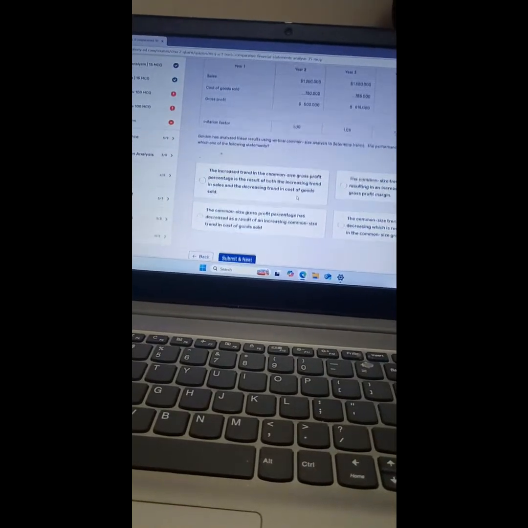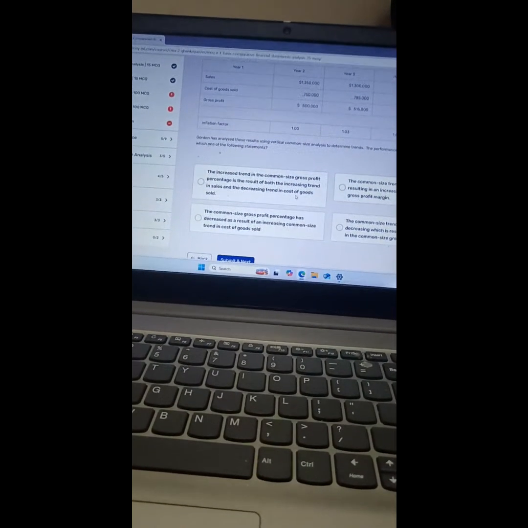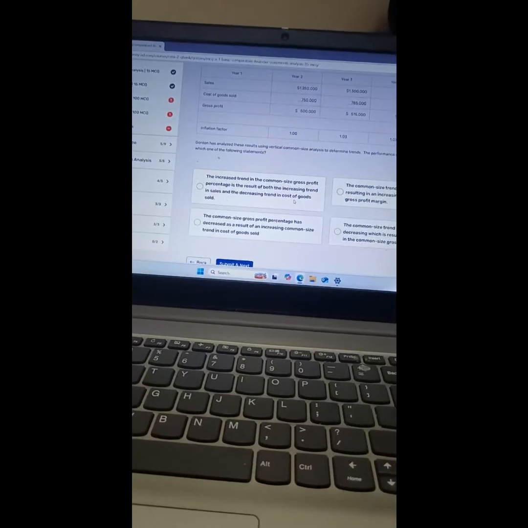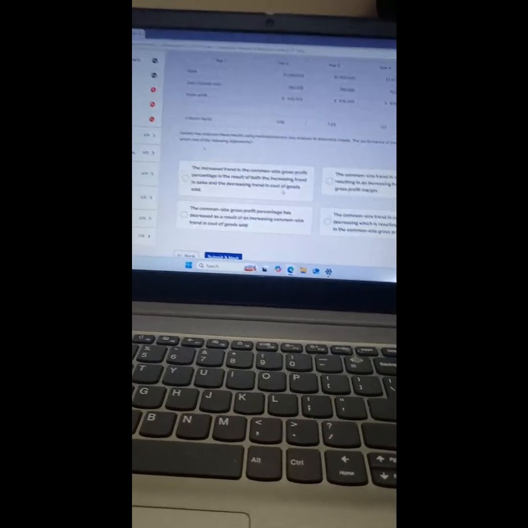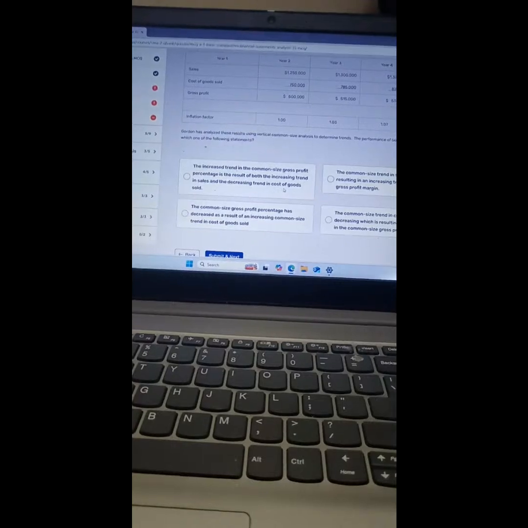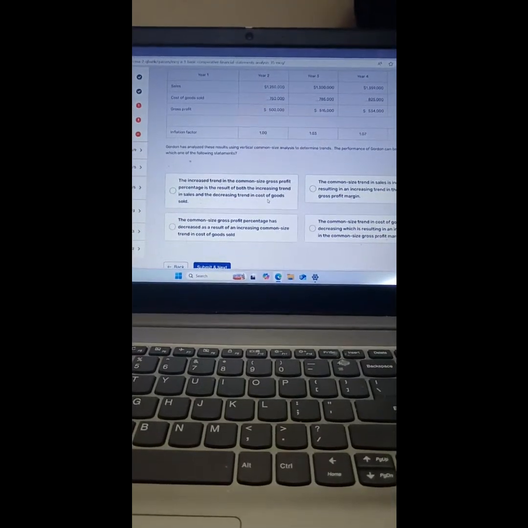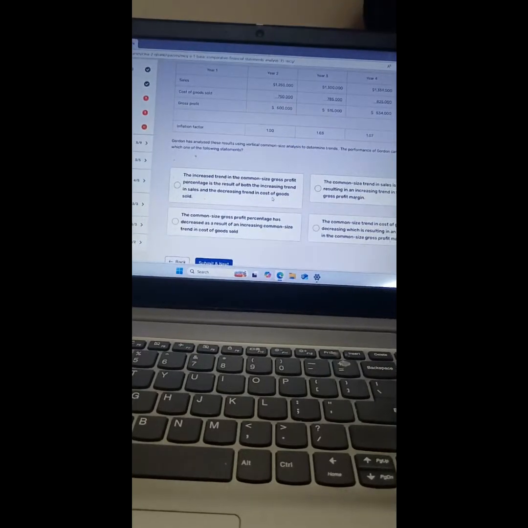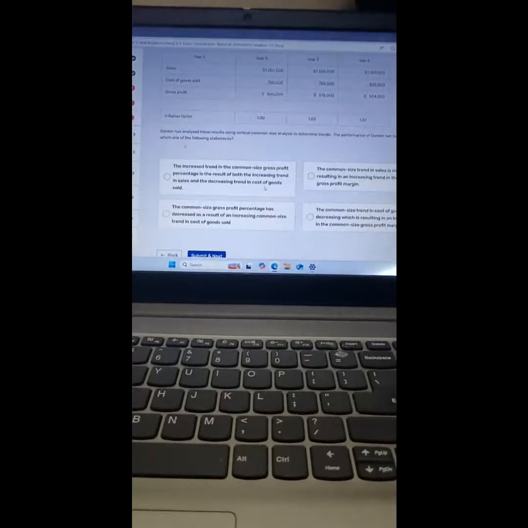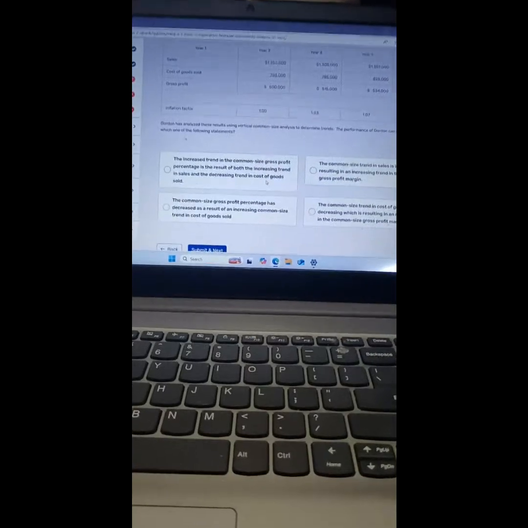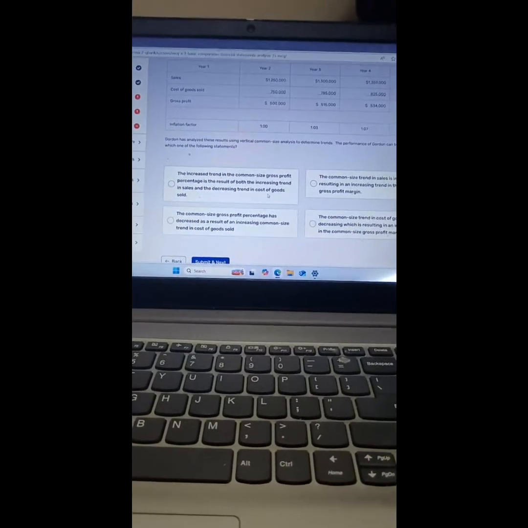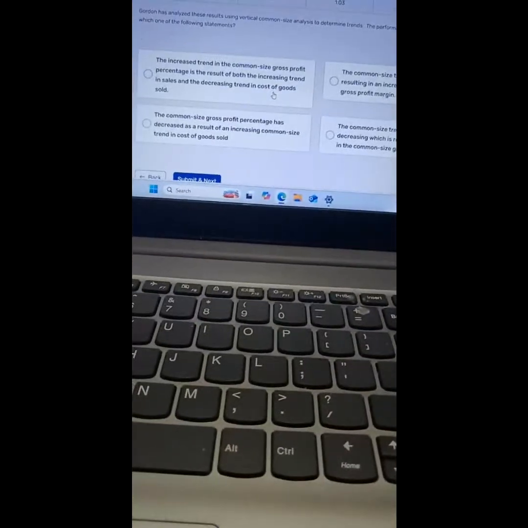And Gordon has analyzed the results using common-size analysis, right? Determine the trend. The performance of Gordon can be best characterized by which of the following statements? There are four options given.